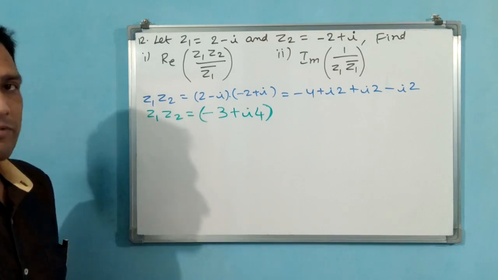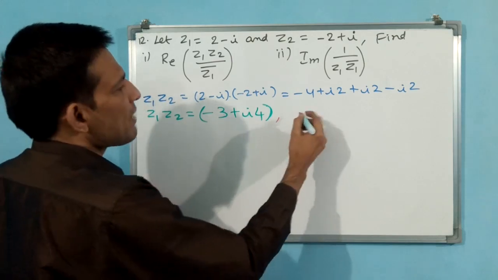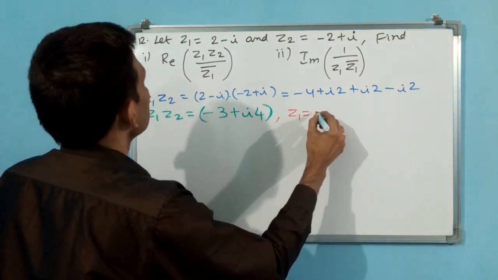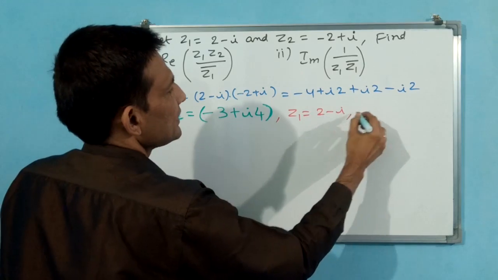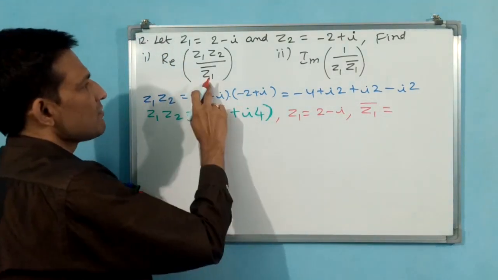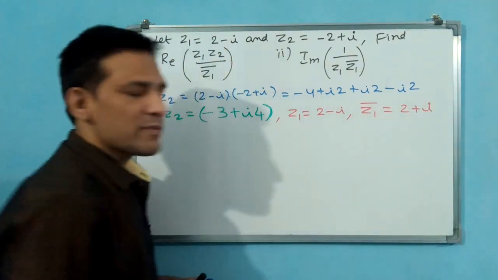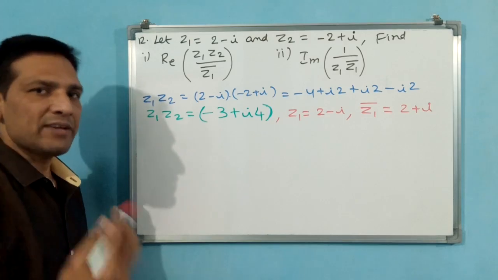Let us find conjugate of Z1. You see, Z1 is over, I am writing here, Z1 is equal to 2 minus i. Z1 conjugate is equal to 2 plus i. Conjugate means imaginary part's sign you have to change.